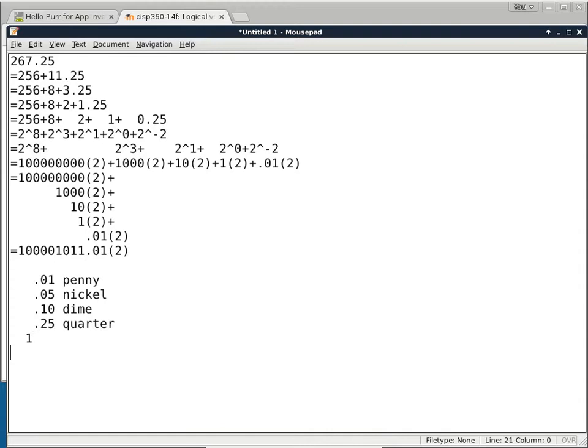And then we have $1 bills. I know we have $2 bills, but they're uncommon, so we'll skip to 5, 10, 20, 50. And since I usually don't deal with anything more than 50, we'll just stop there.